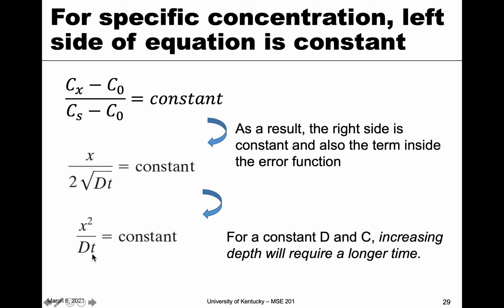And so we can rearrange this, and then we see that if we look at two scenarios where the concentrations are the same, then the relationship between distance, time, and diffusivity is also the same. And so it allows us to simplify the problem if the concentrations are the same. So that's something to keep in mind to simplify the amount of work that you have to do. You don't have to bother with the error function or anything like that. You can go straight to this expression for multiple times and positions, x and t.